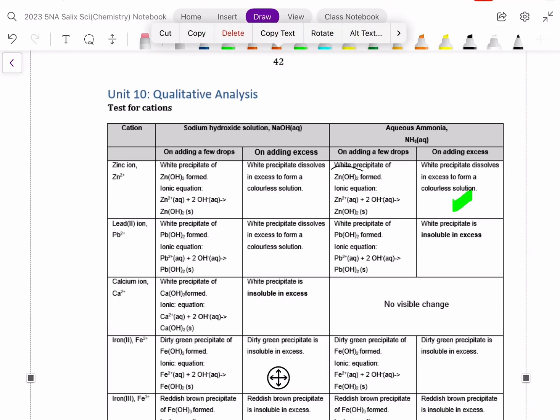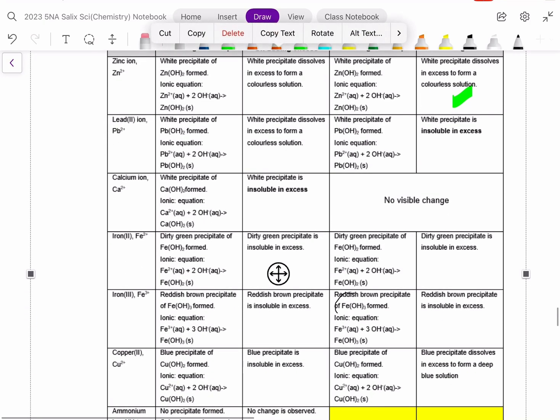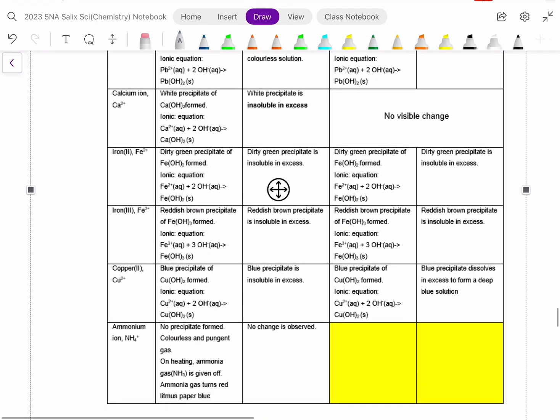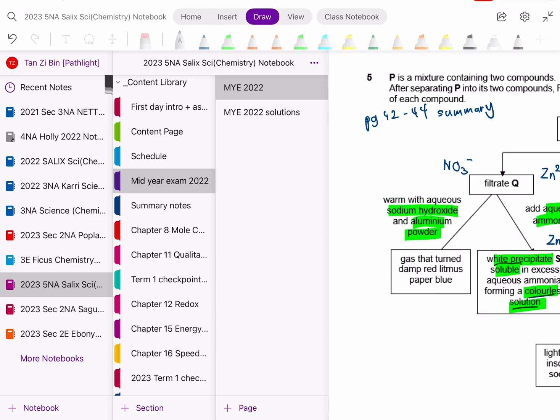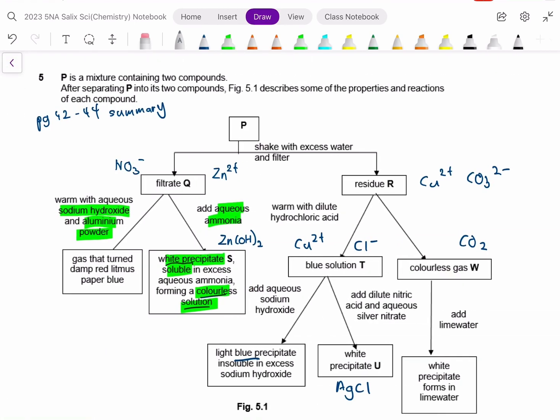So the white precipitate is zinc hydroxide. Notice all the precipitates on this page are actually hydroxides. This shows that there's Zn2+.